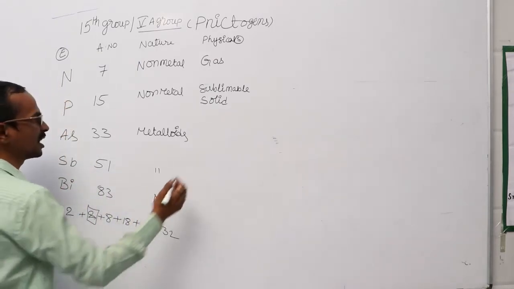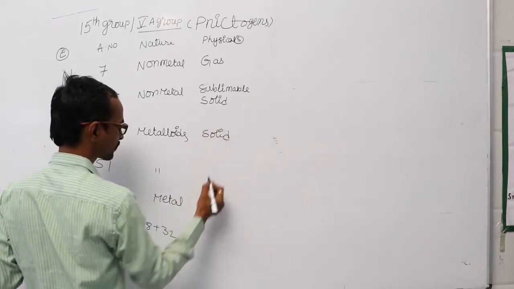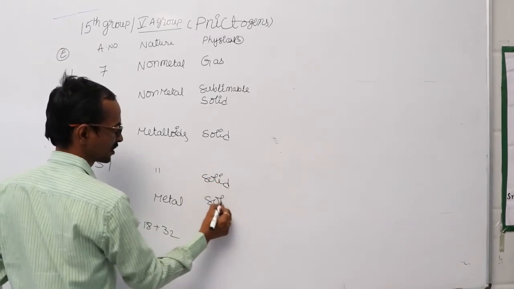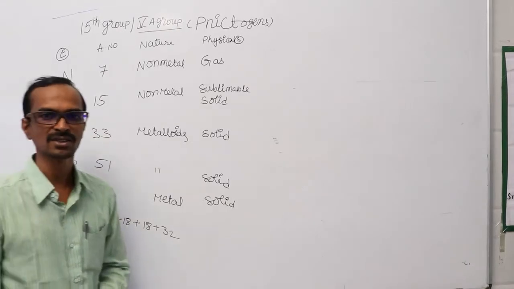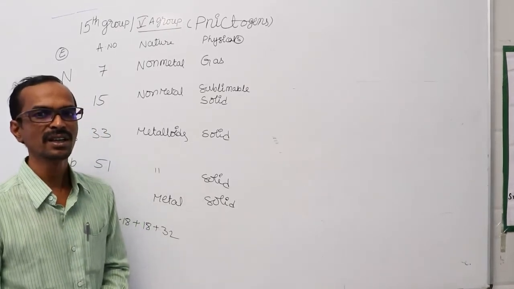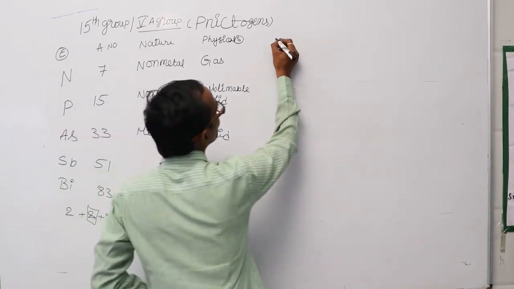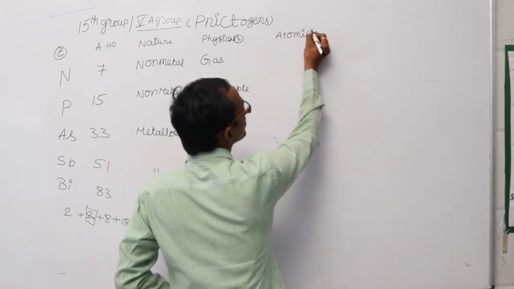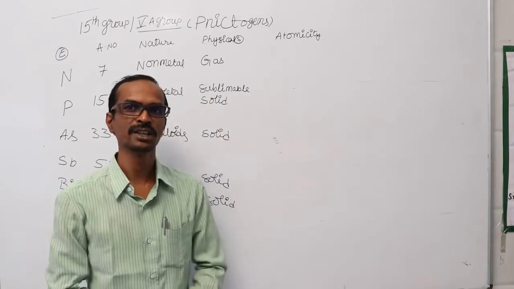And the next three, arsenic, antimony and bismuth, are solids. So this is about the physical state of these elements. Next, the atomicity of these elements. Atomicity means the number of atoms present in its molecule.